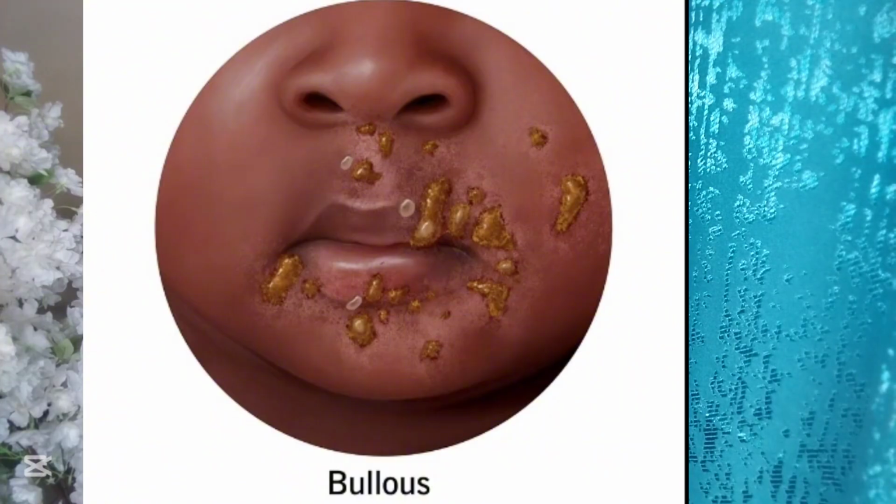The skin surrounding the bullae, the vesicles and the blisters is usually not reddened, so there is no associated reddening of the surrounding skin.